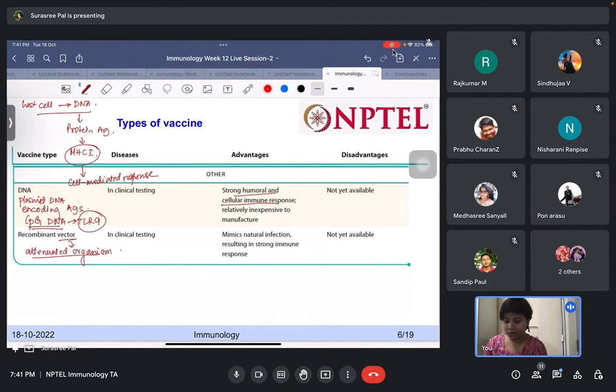One good example is the AstraZeneca vaccine. So this AstraZeneca COVID vaccine, which is sold in India in the name of Covishield, is a recombinant vector vaccine.